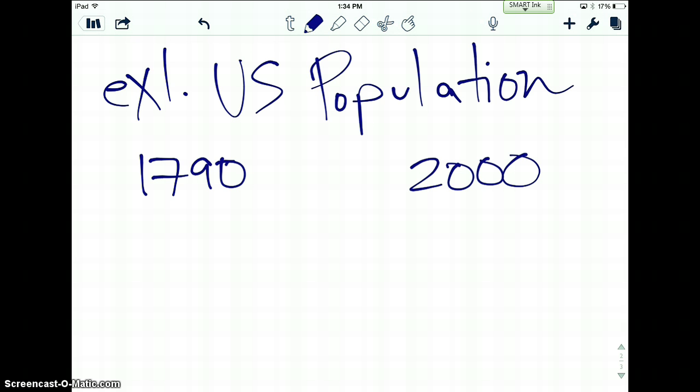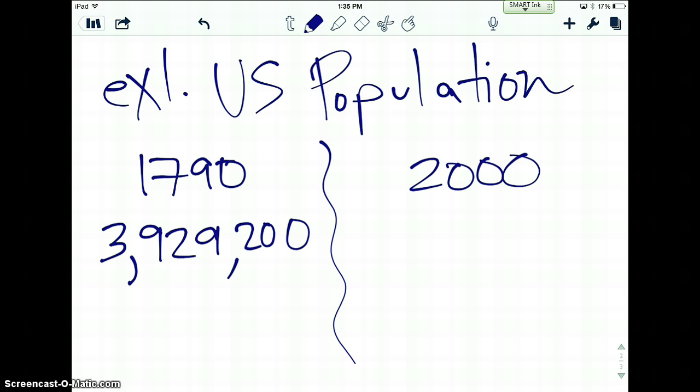There was a census taken in 1790, and the population was 3,929,200 people. Back in 1790, it's a lot of people. But in 2000, it was 281,421,906 people.